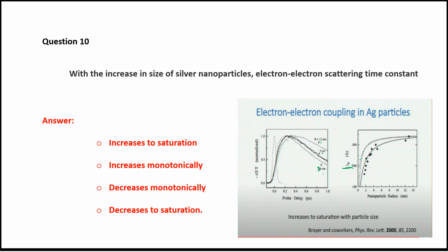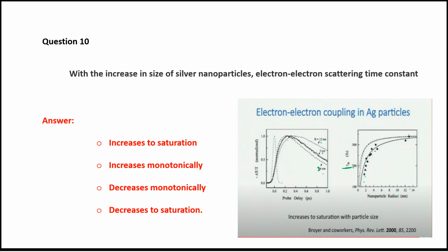What they noticed in this electron scattering is that as they increase the particle size, or the radius, for each of the cases, it reaches a maximum.